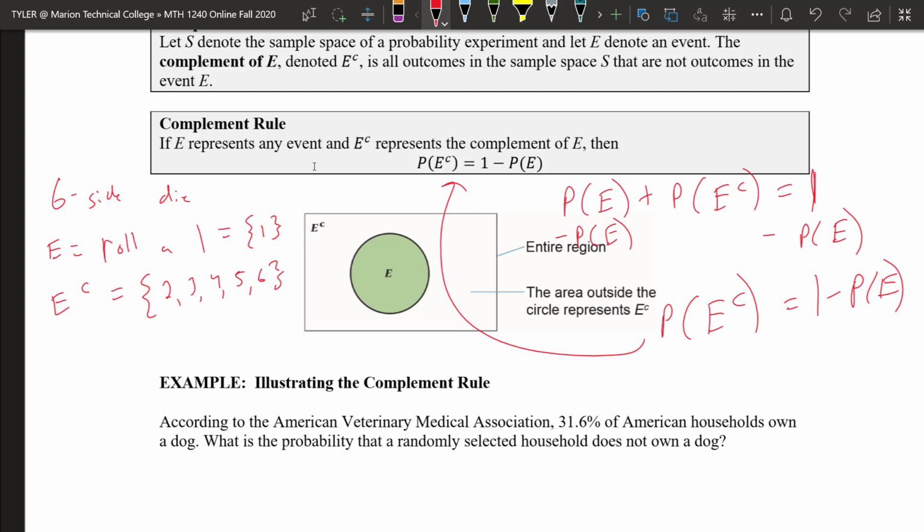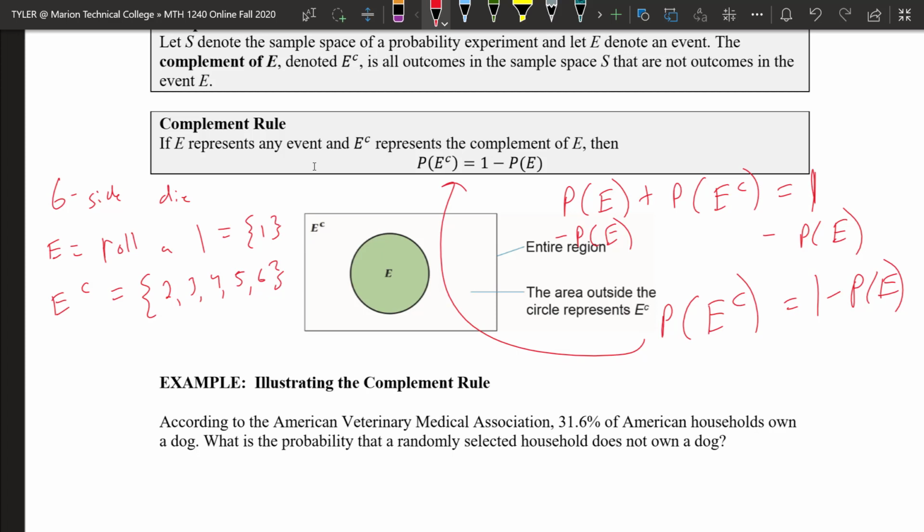So the probability that one of these things is going to happen is going to be 1. Either I roll a 1 or I don't roll a 1. One of those things has to happen. So that's why the probability of E plus the probability of E complement are going to equal 1.